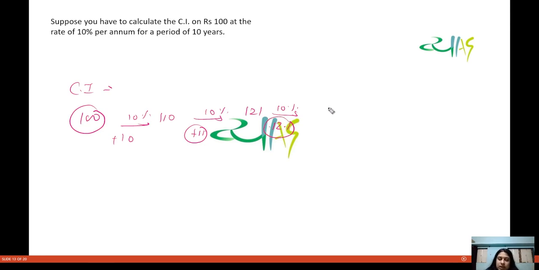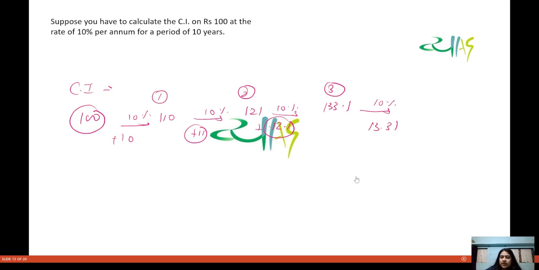So this becomes 133.1. This is for 1 year, this is for 2 years, this is for the third year. So this is the compound interest for the third year. You put plus 12.1 here. 10% of 133.1 is 13.31.